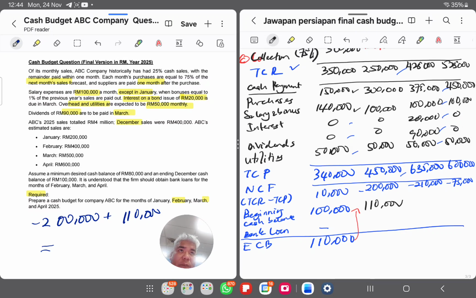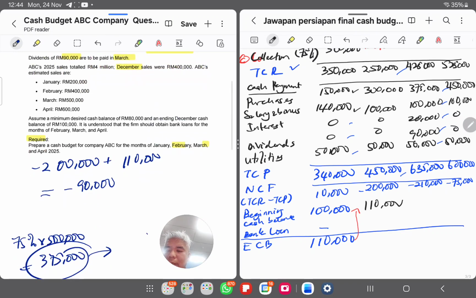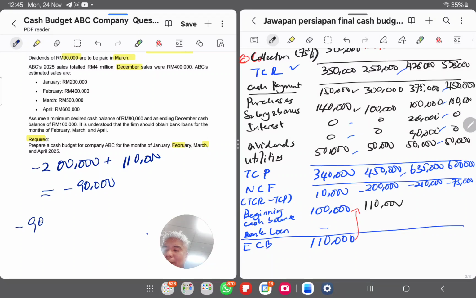Just total up. Negative 200, 80,000 plus 110. So negative 90,000. Actually, you need money, 80,000. Negative 90,000, you need money.